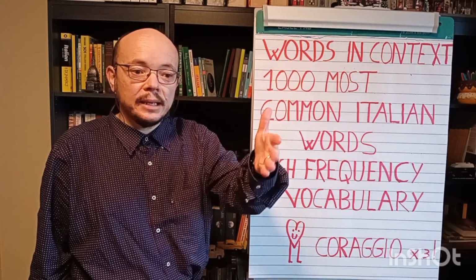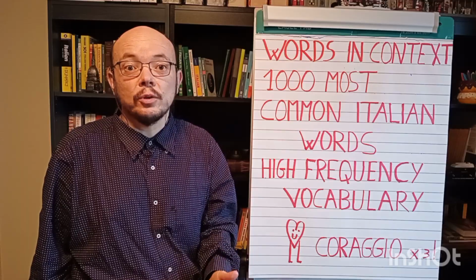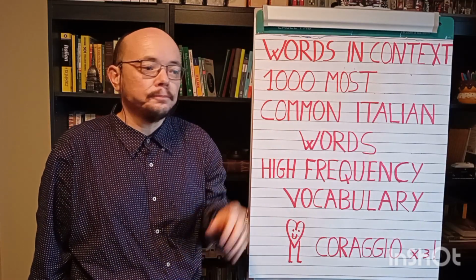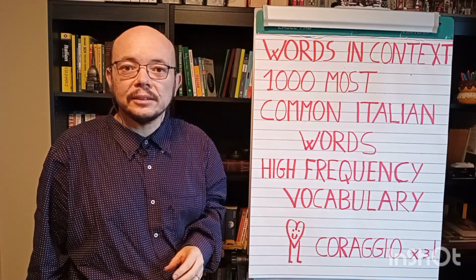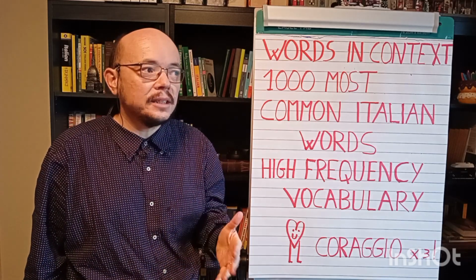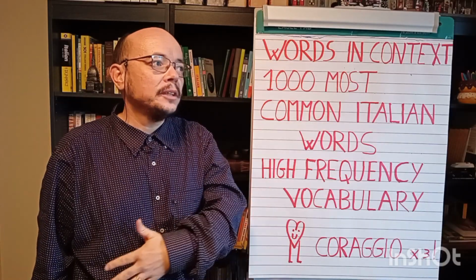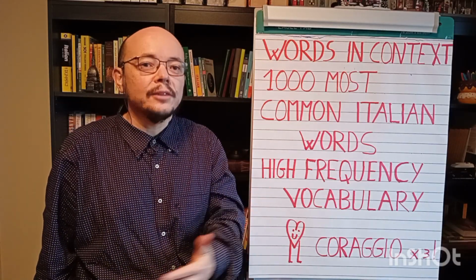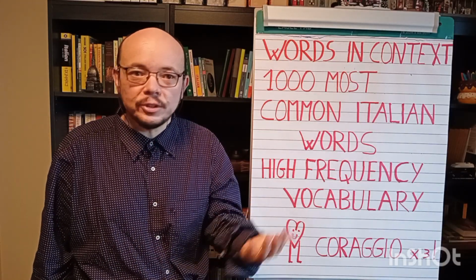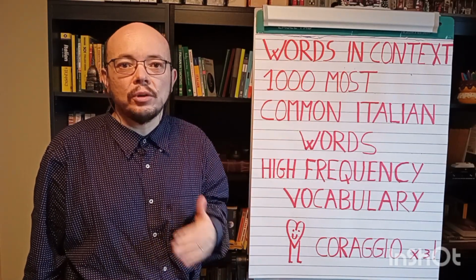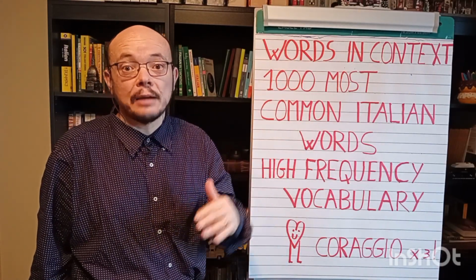So they make a classification of the words from the top recurrent words to the least recurrent words. So you can easily take the 1,000 most common Italian words, the 2,000, the 3,000, the 4,000, etc. We start with the 1,000, which is already a big plateau for a language learner.